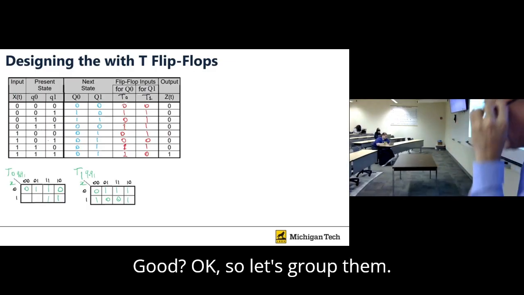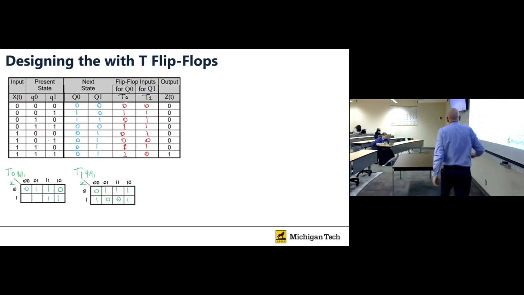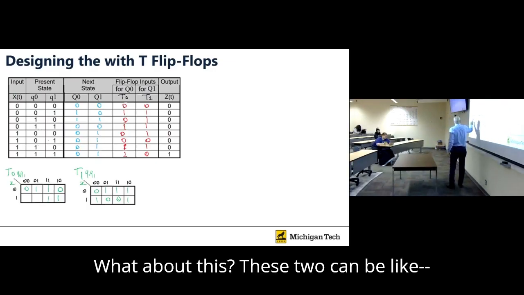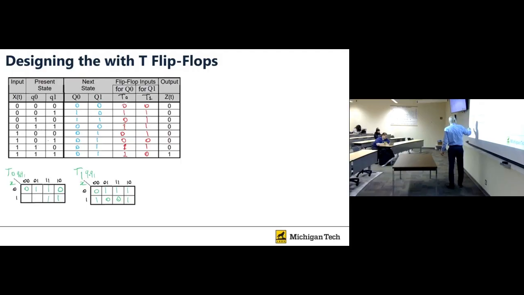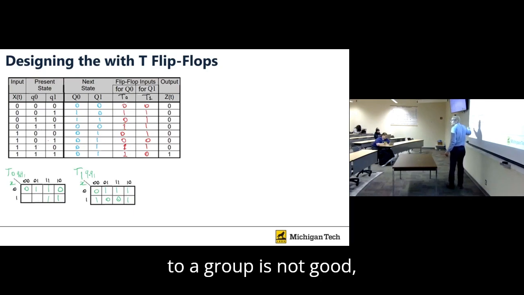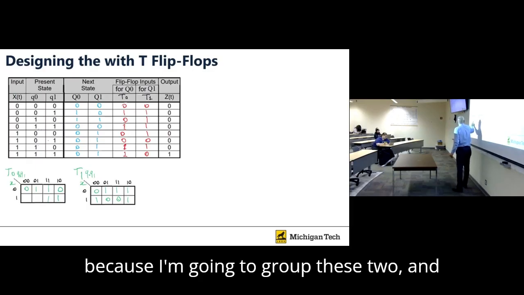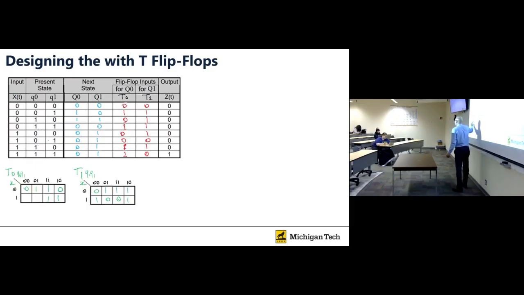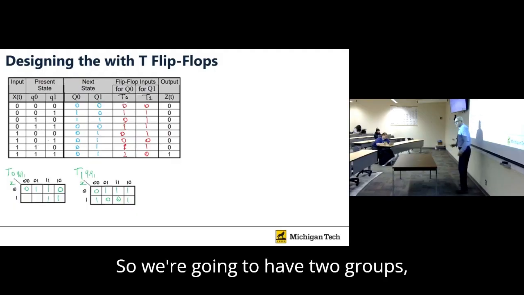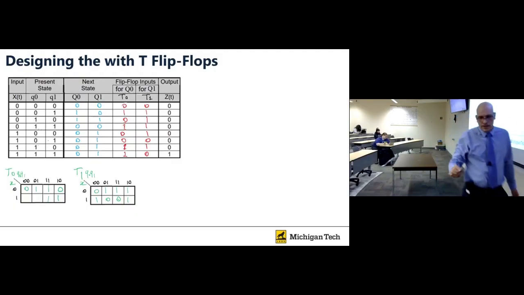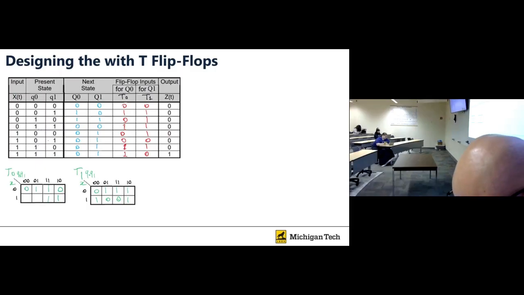Good. Okay, so let's group them. What about these two? Is grouping these two good? It's not good, because I'm going to group these two, and we don't need another extra group. So we're going to have two groups, one here, one here.